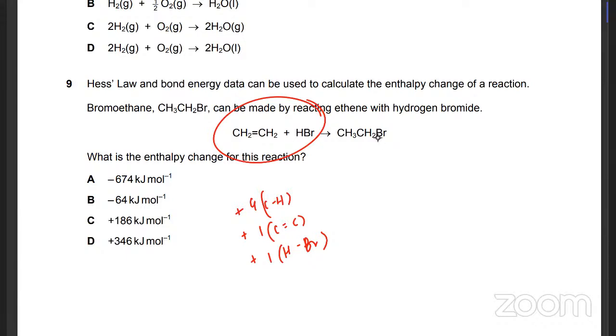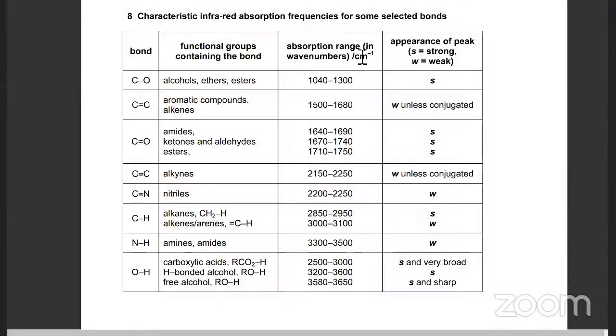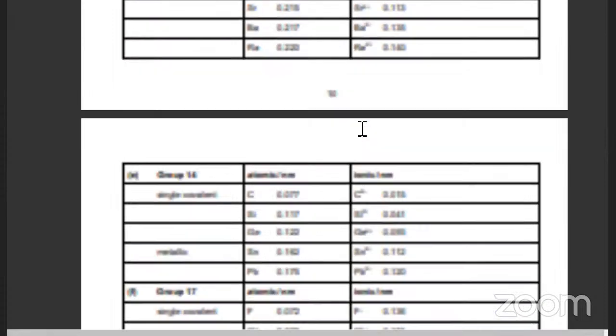And how many bonds are formed? They would all be exothermic. So you're forming 5 C-H bonds. You're forming 1 C-C single bond, and you're forming 1 C-Br bond as well. So I would have to open the data booklet for this, and C-H is 410, I guess.